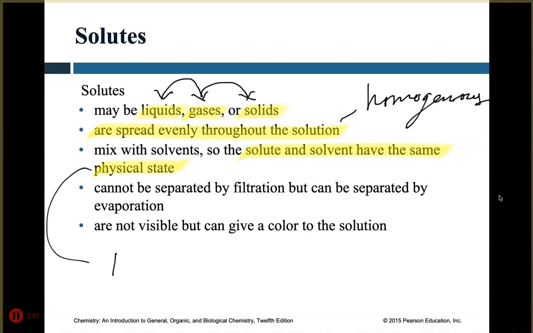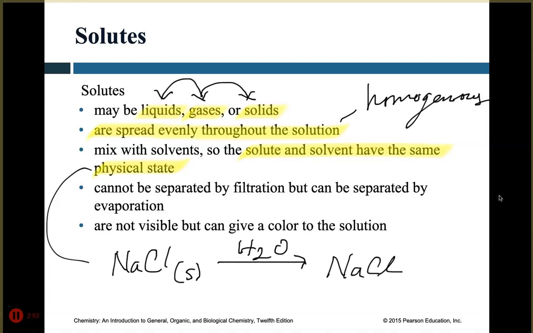Well, if I took sodium chloride, which is table salt, I mean, it literally looks like a shaker of salt, and I dissolve that in water, H2O, it will dissolve and actually become the same state as the water. It will now be an aqueous solution. So it is no longer behaving as a solid, it behaves in aqueous solution.